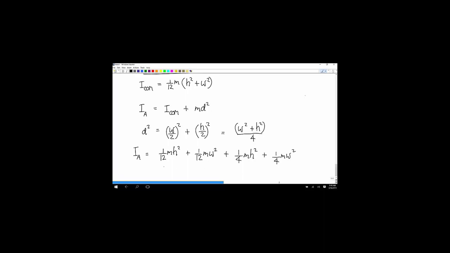And the common denominator for all these is 12. So 1/12 plus 3/12 is 4/12. And so the answer comes out to this simple formula that you could use from now on as a formula on its own when your axis is at the corner of a rectangle. And this is equal to 1/3 mass times the quantity h squared plus w squared.